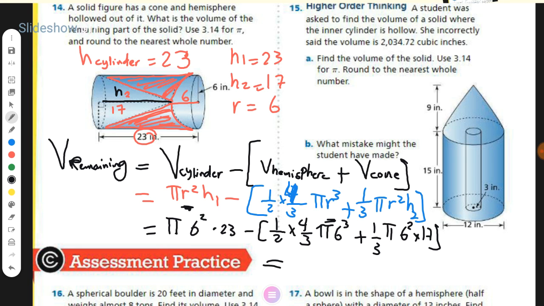Calculate it and you will find the answer at the end is approximately 1,500.